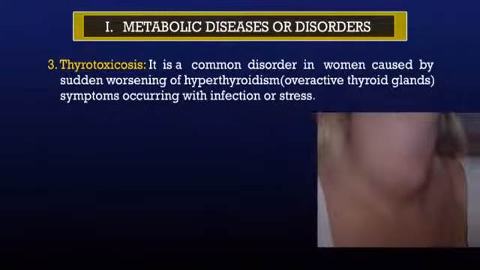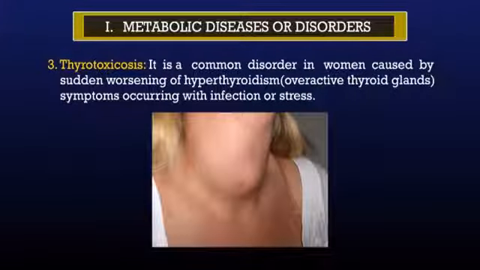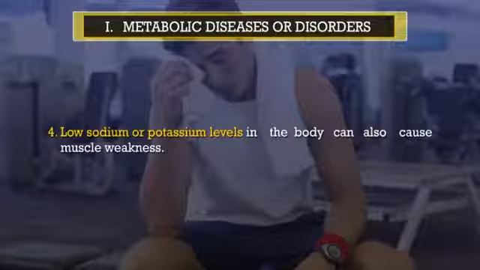And third one is thyrotoxicosis. It is a common disorder in women caused by sudden worsening of hyperthyroidism, that is, an overactive thyroid gland, with symptoms occurring with infection or stress. The fourth one is low sodium or potassium level. Low sodium or potassium level in the body can also cause muscle weakness.